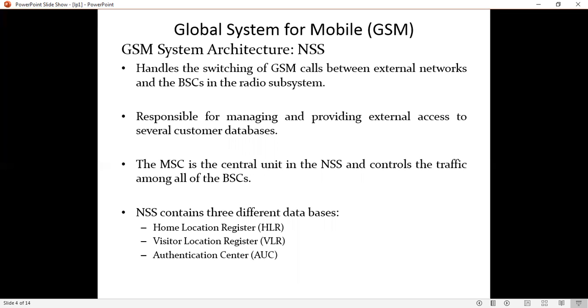Apart from this, the MSC, the central unit of the NSS, controls the traffic among all BSCs. This is the major work of NSS. Apart from this, it also contains three different databases, which are the home location register, that is HLR, the visitor location register, VLR, and the authentication center, AUC.